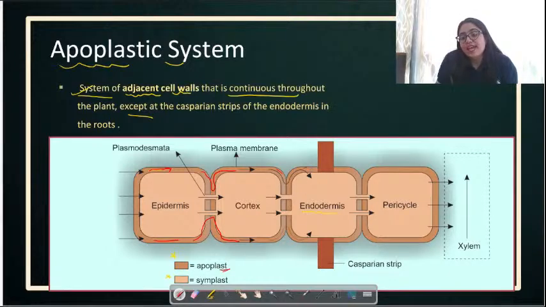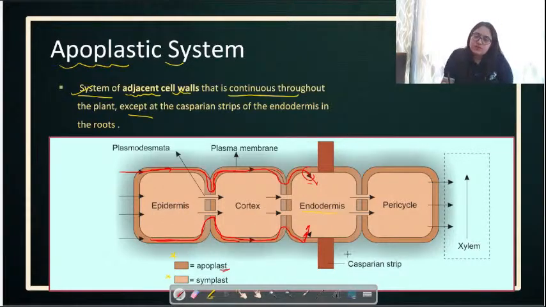And if you notice, students, the apoplast was continuous from this point to this point, but finally this apoplast pathway got discontinued when it comes to the endodermal layer, where the water molecules were bound to strictly follow the symplastic pathway, where water is entering inside the cytoplasm, which it wasn't doing when it was crossing the other layers of cells present in epidermis and cortex.